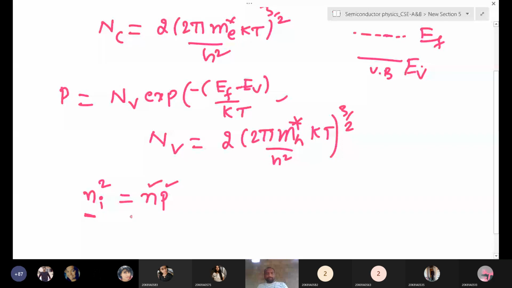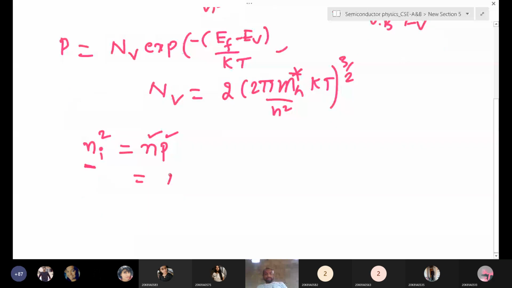We know these formulas also. Just substitute here: n is Nc exponential minus of (Ec minus Ef) by kT, and for p you write Nv into exponential minus of (Ef minus Ev) by kT, right?